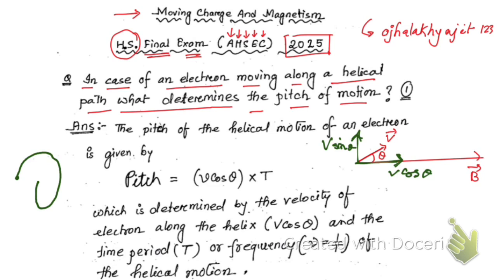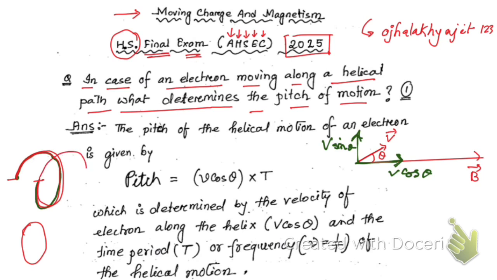When it completes one circular motion, if there is no forward motion, then it would be a circle, but as there is forward motion, it will move like this.